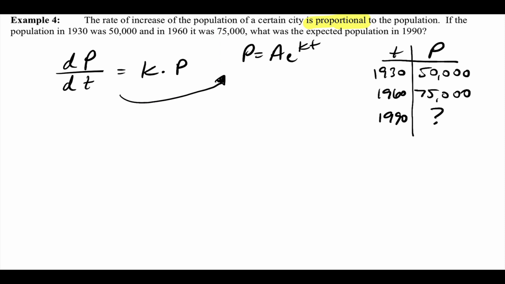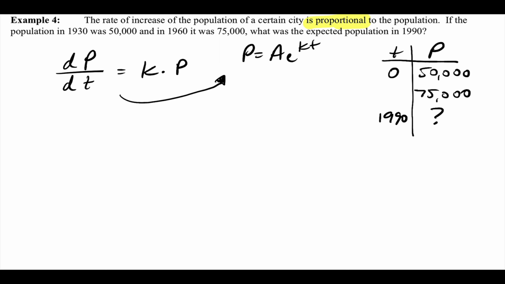Yeah, I was thinking the same thing. Make 1930 the start, because I'm already plugging in some big ugly numbers into my calculator. I don't want to make them even bigger, right? 1930, 1960, 1990, those are big numbers. So instead of that, since 1930 is the first date they gave us, let's make that 0.